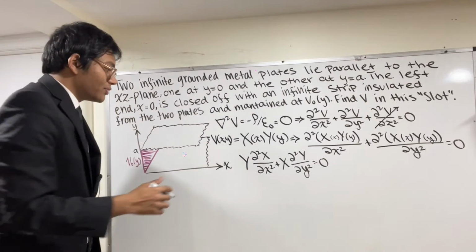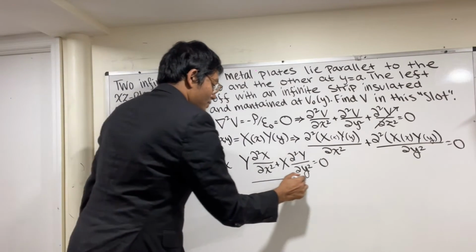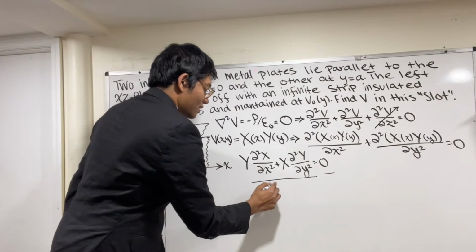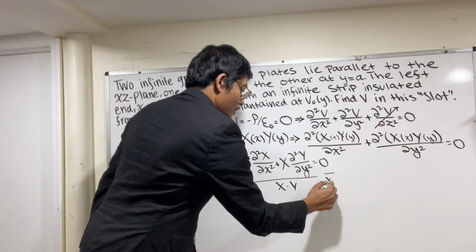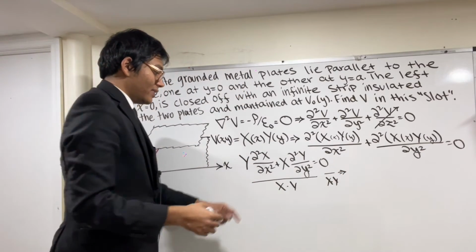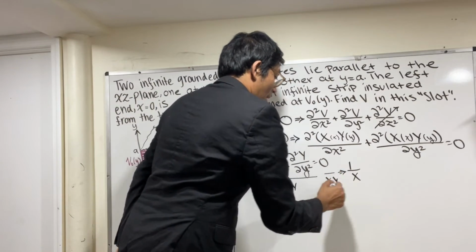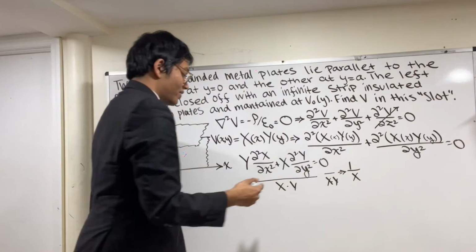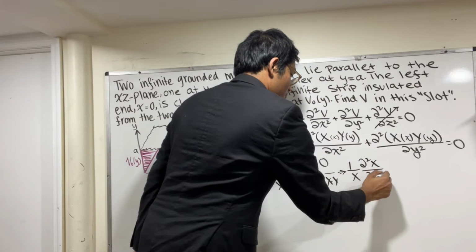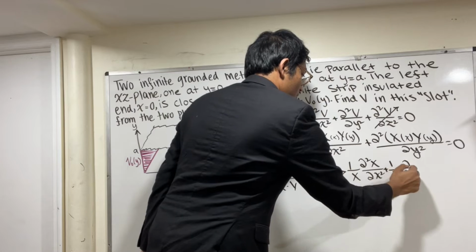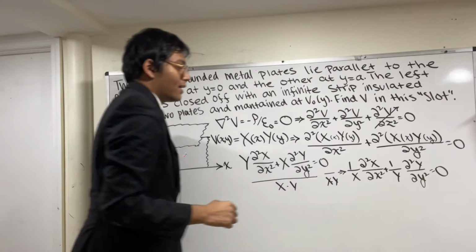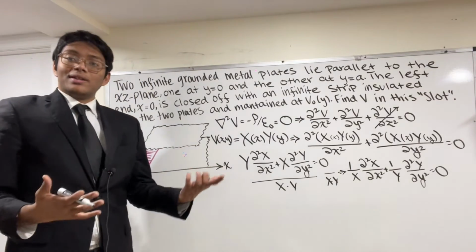Now I'm just going to divide both sides by the potential itself. The potential is assumed to be a function of x times a function of y, so X times Y. This results in 1 over capital X times the second derivative of X, plus 1 over capital Y times the second derivative of Y, equals 0. Capital X is a function of x, or small x. Okay, so what, you say?